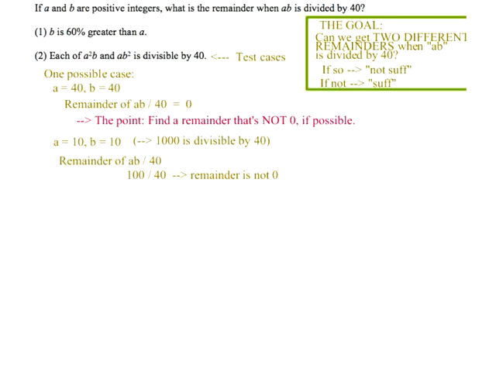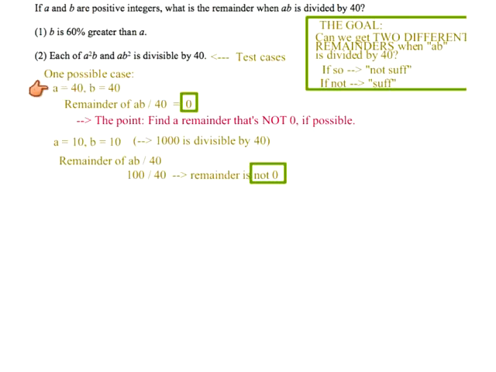So we got a remainder of 0, and we got a remainder of not 0. I mean, it might take you a little bit of poking around to find numbers like 10 and 10, but if you have a goal in mind and you realize what you're trying to do is find this, then you'll have time to poke around with a bunch of numbers and see what happens. If you're just throwing random numbers in there, then you might not have time.